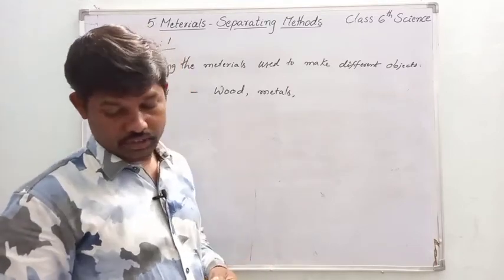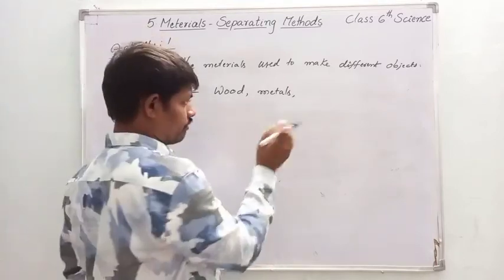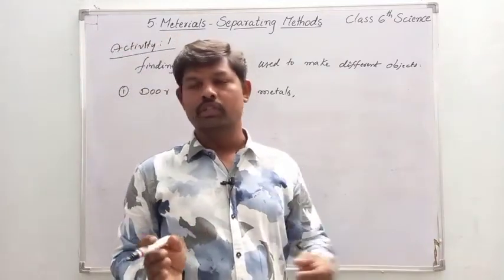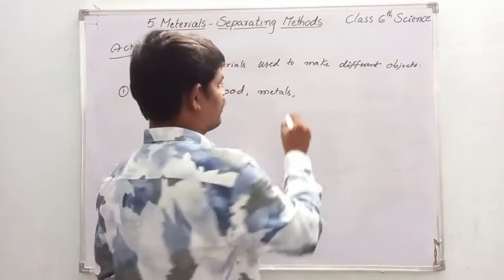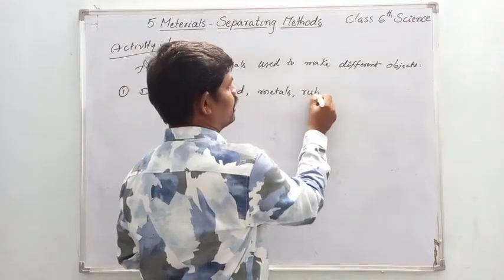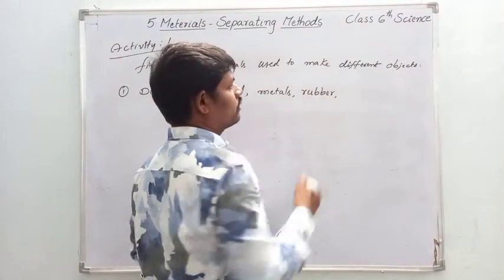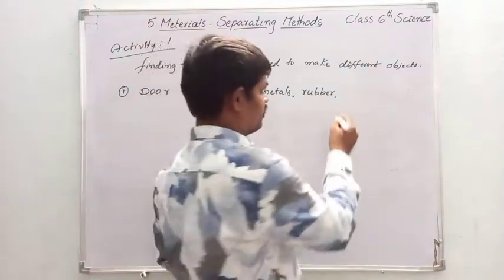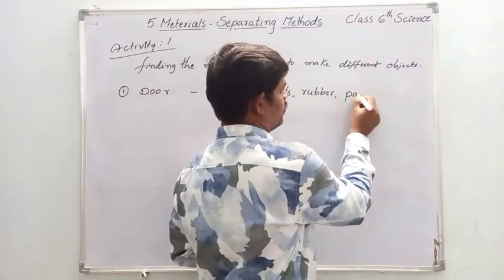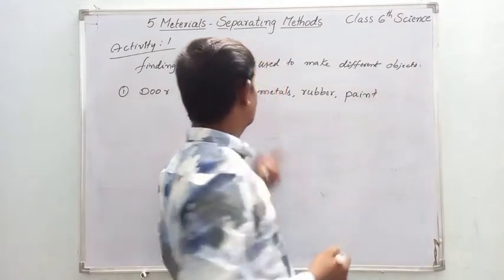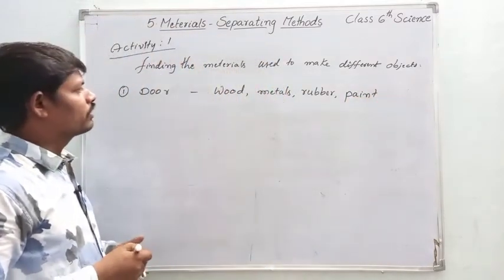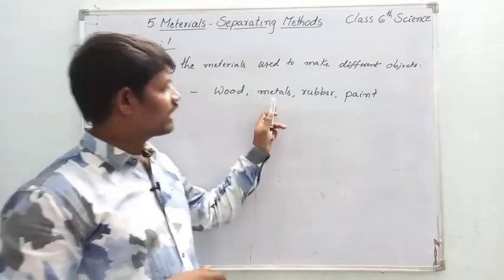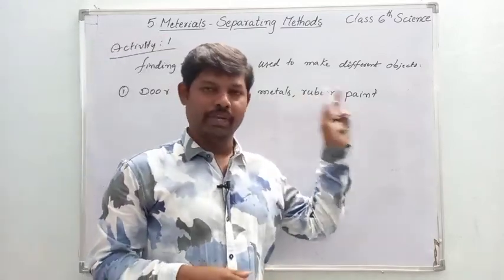Plastic, rubber on the backside. When you open the door, without touching the wall, there will be a rubber. And again paint for color. So like this, 4 materials are used to prepare a door: wood, metals, rubber, paint.